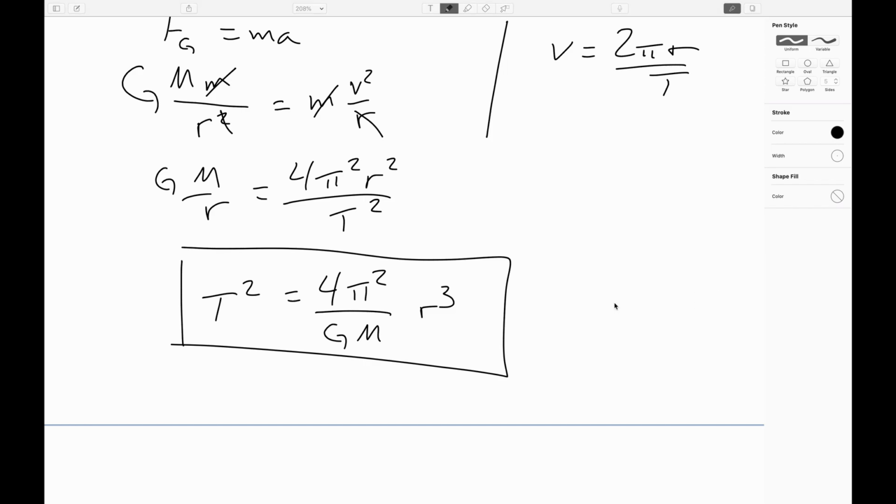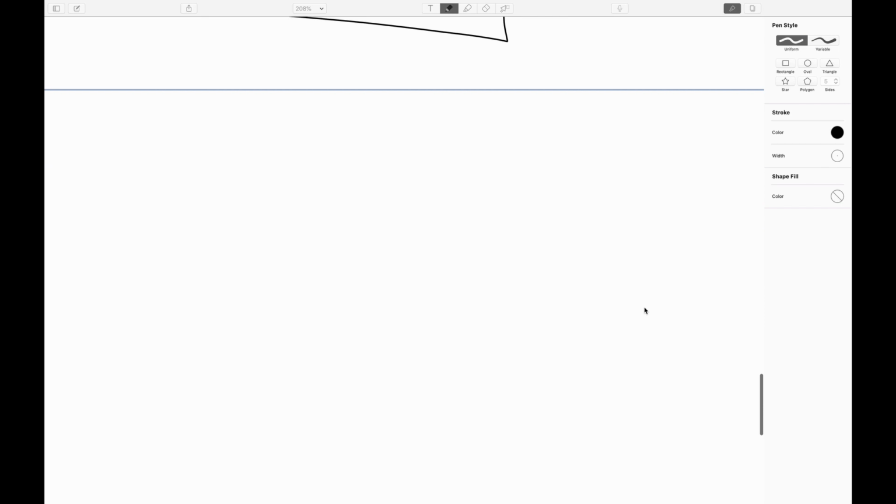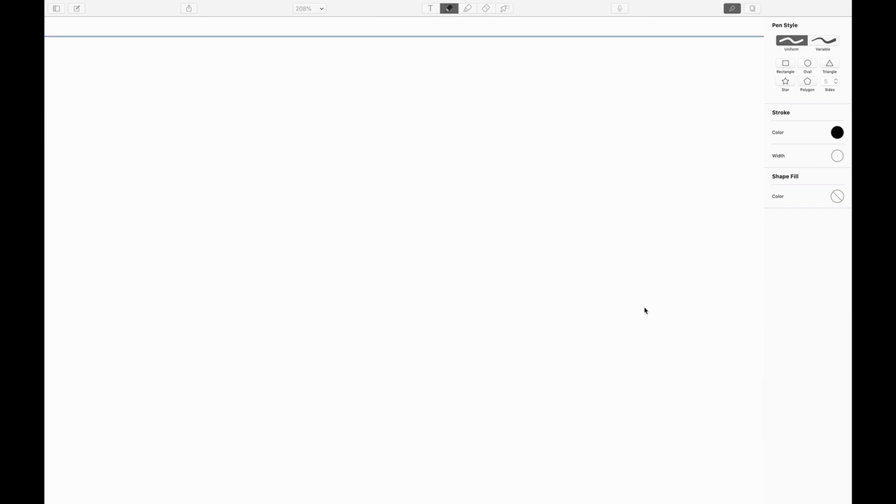All right, but let's go ahead and do this to, say, figure out what the mass of Saturn is. If we go and take a look at Saturn, one of its more prominent moons, so there's Saturn. Titan's in the equatorial plane, so there we go.